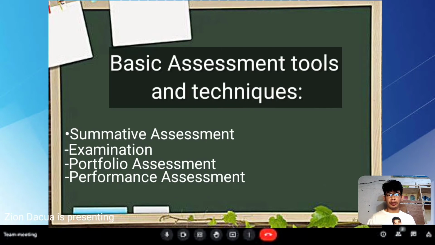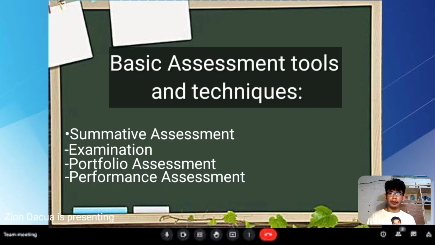Based on a particular task performed by the student, it involves a real world task. It demonstrates students' literacy, knowledge, and skill, and can be summative or formative. The purpose of this one is to see how well the students apply what they are learning in real world situations and to determine the students' progress.